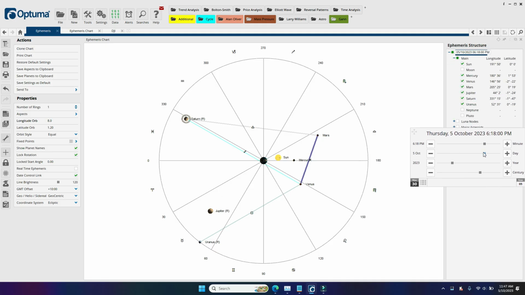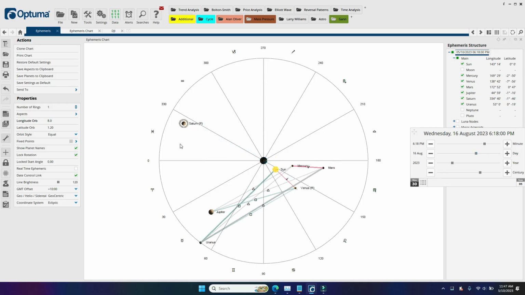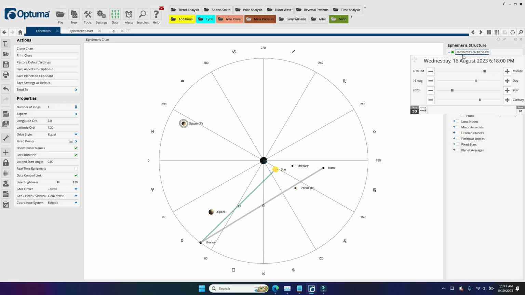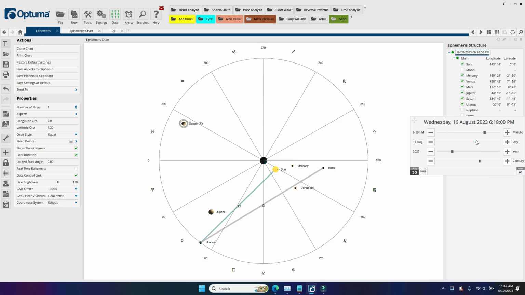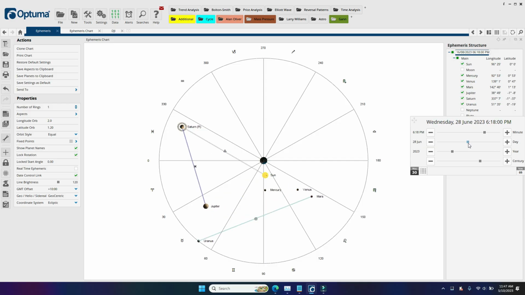I'm going to shrink my orb period just because I want to give you a simpler example. Sometimes we'll get more aspects than others, like probably right here, around the 24th to 27th of September. And if we go back, I really should probably decrease my orb period now. As we go around, we basically want to see where most of the planets would be clustering at the same time. So probably the 30th of June.